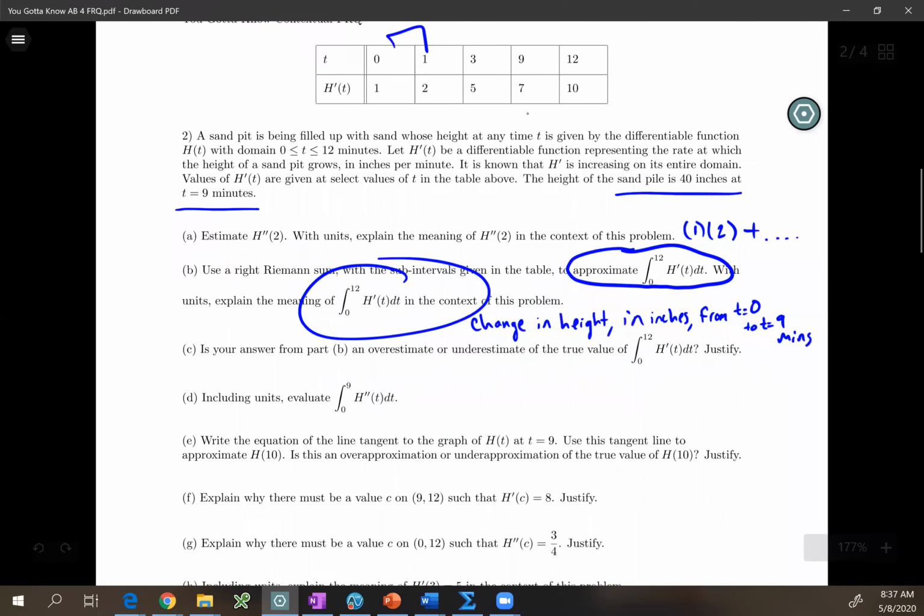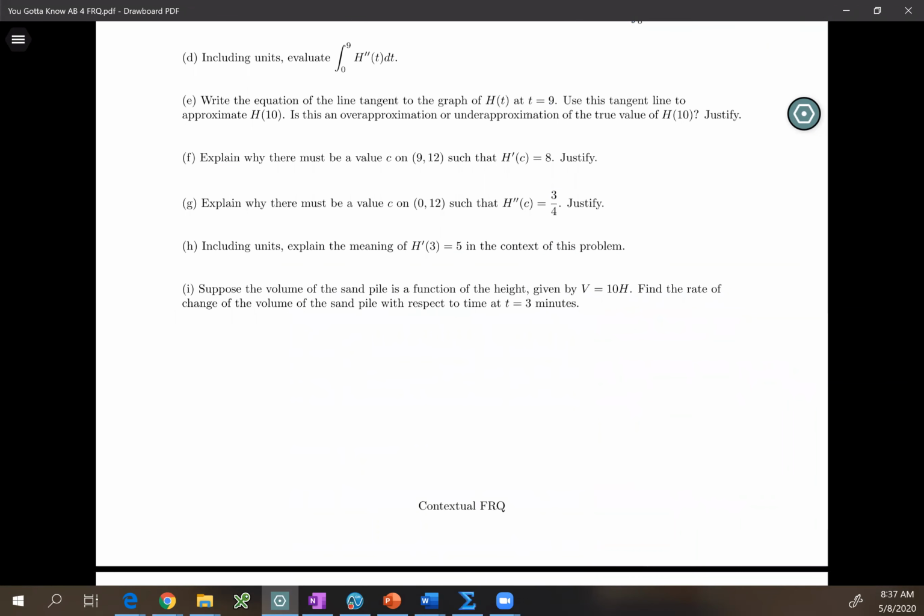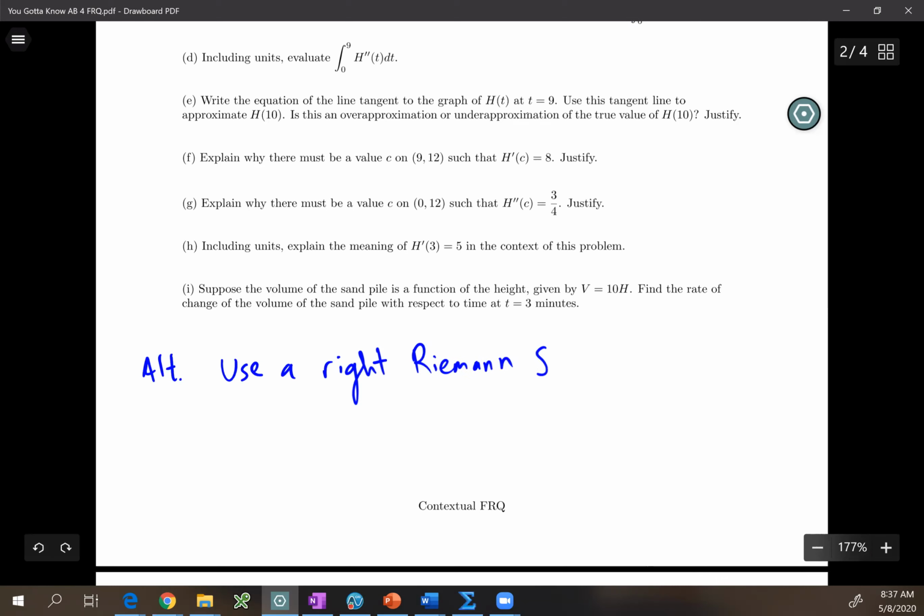When you would add on the initial is an alternate question, if instead it says use a right Riemann sum to approximate the height of the sand pile at time 12 minutes.